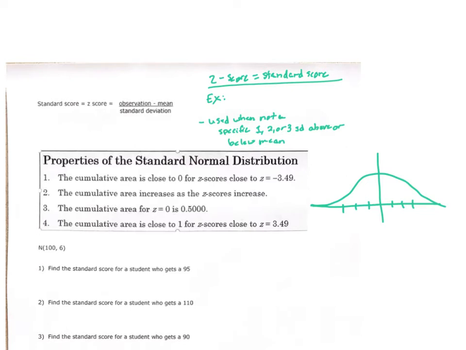If you choose to take the SAT, but you also choose to take the ACT, and you want to compare to determine on which test you did better, we need some type of standard way to compare these. And so this standard score or z-score formula helps us do that.